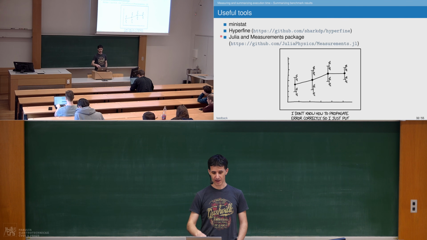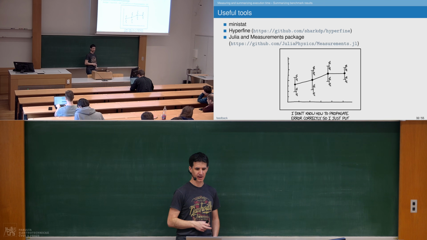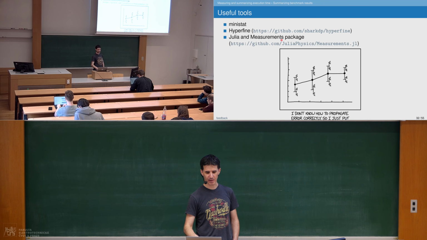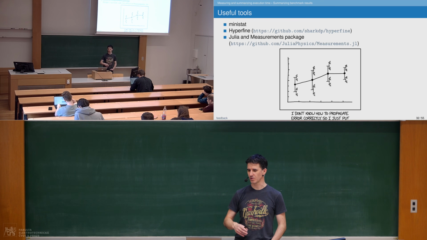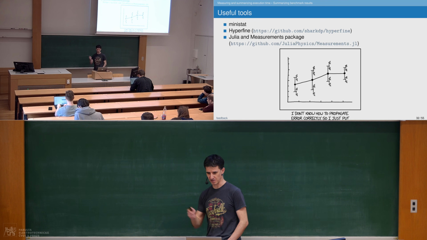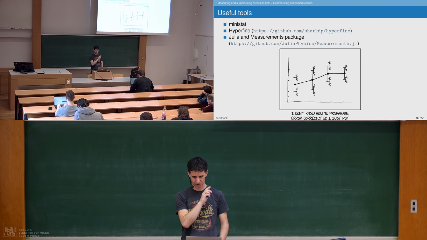And finally, I will show it at the end of the lecture. I like Julia and its Measurements package, and it can be nicely used for calculations with confidence intervals. I have an example at the end of the lecture.